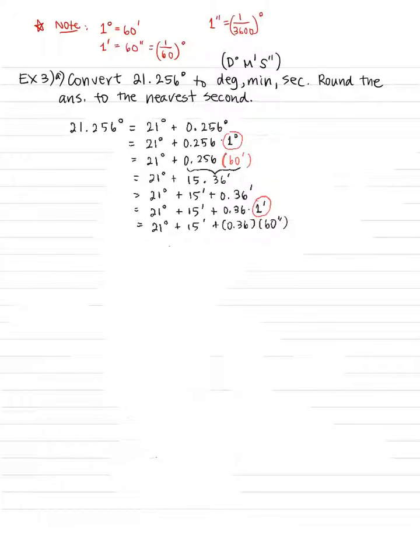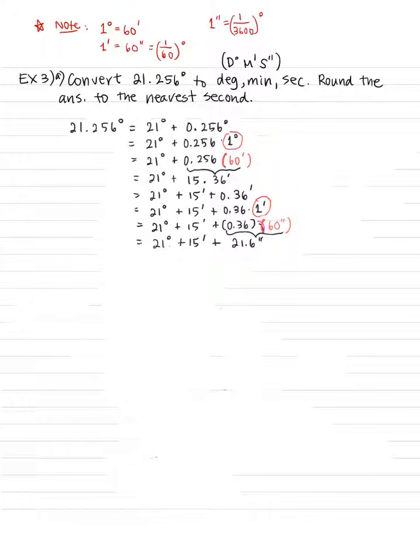Sorry, maybe I should have color coded it. So this portion is going to be 60 what? Seconds. So this is going to be 21 degrees plus 15 minutes, and plus, multiplying this out, we get 21.6 seconds.